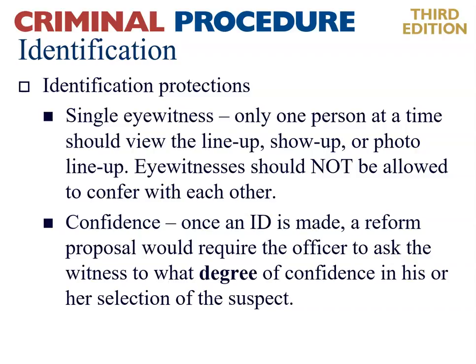The next one would be what we call a single eyewitness. This is where only one person at a time should view the lineup, the show-up, or photo lineup. In addition, eyewitnesses should not be allowed to speak to each other during that process. You can probably understand why, because this prevents the witnesses from influencing each other.